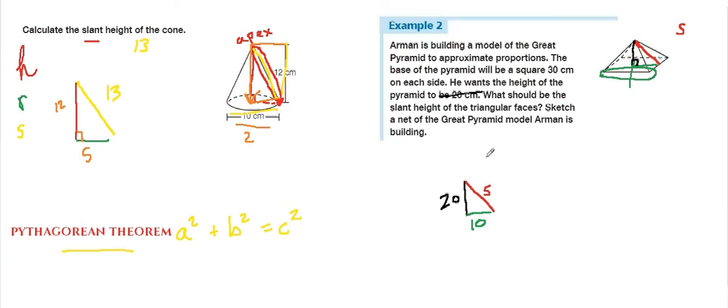Now, the Pythagorean theorem would say leg squared plus leg squared is hypotenuse squared, or c squared. So 100 plus 400 is s squared. 500 is s squared. Let's see how I'm doing so far.